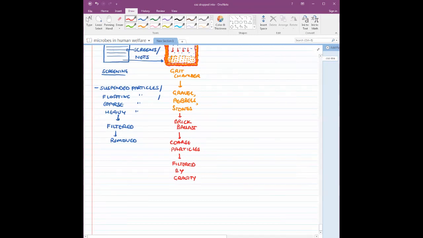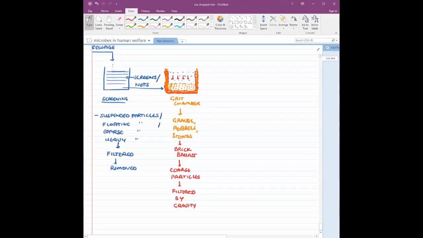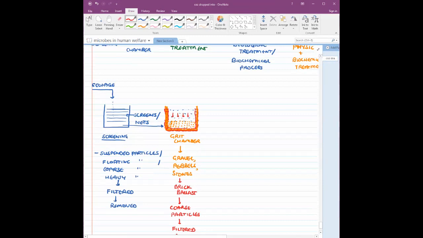Now, once this is done, guys, our next step: whatever water has been purified from here is going to go for your primary treatment. But what is this primary treatment? Primary treatment, we said, is going to be your physical treatment.